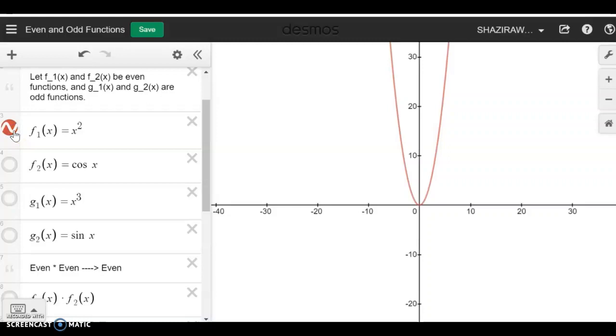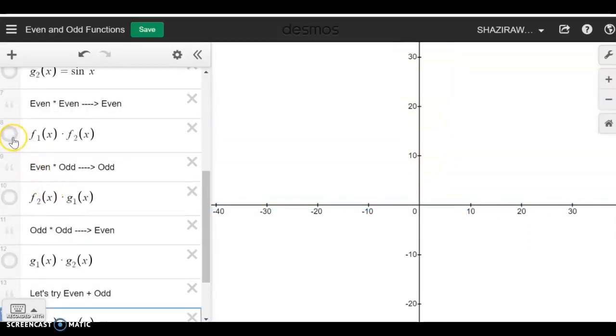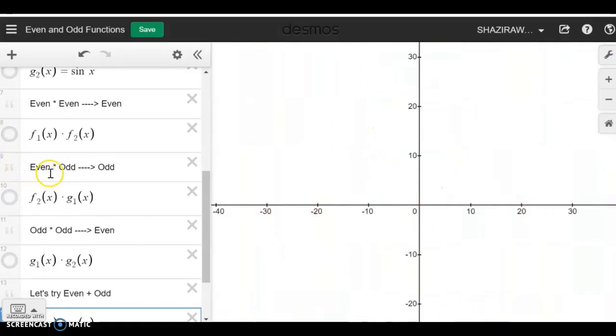This is the graph of x squared, and this is the graph of cos x. Now we want to see that when we multiply f1 and f2, the result is even. It means that the graph is still symmetric about the y-axis. You can see the shape of the graph is symmetric about the y-axis. And then if we have even times odd, we know that the result will be odd.